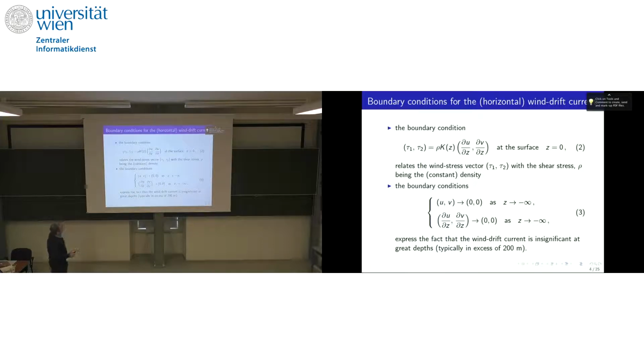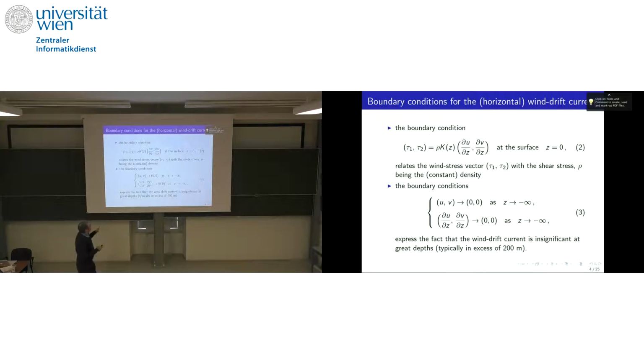And then there's the other condition that deep down the effect is negligible, so u and v and the z derivatives both go to 0 at great depths. Below a few hundred meters, in practical terms, the wind will not have an effect, but I will take this form.